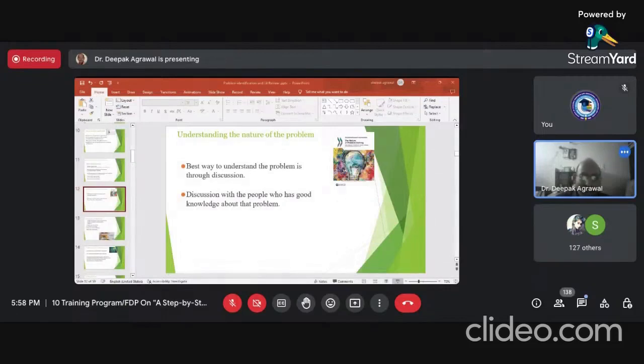Be patient. Try to understand what those people are providing you. Again, note it down, analyze those suggestions, and try to frame or reframe the problem, if required, so that you can have a very clear understanding related to your work.